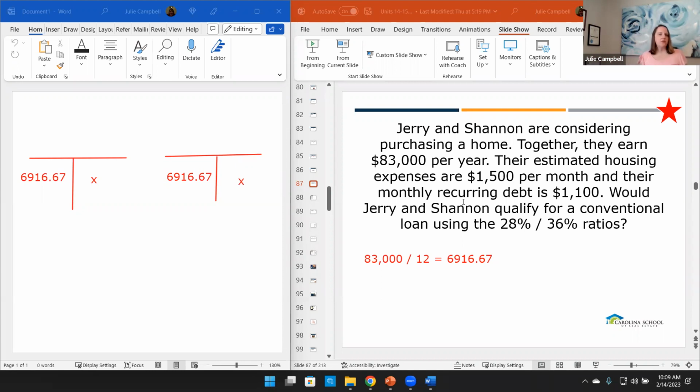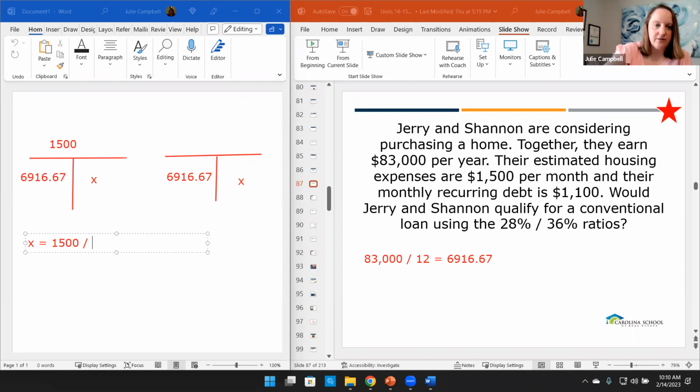So now let's just focus on the 28%, the first T-bar. 28% focuses on housing expenses. So we know they're estimating housing expenses are going to be $1,500 per month, just housing expenses. The back-and-forth line in the T-bar means divide.